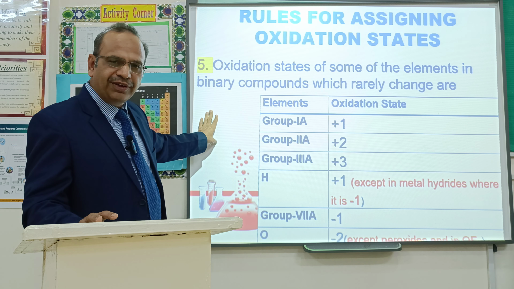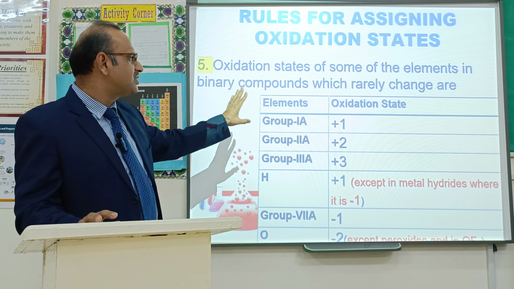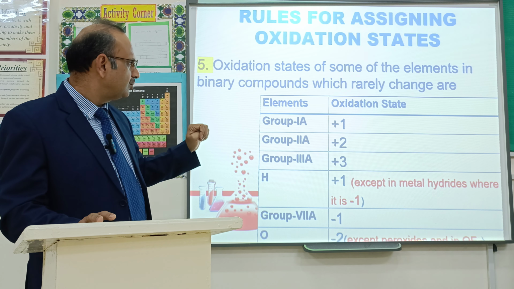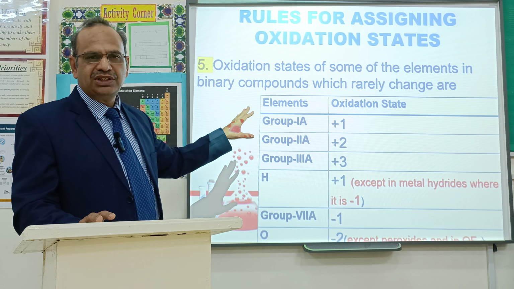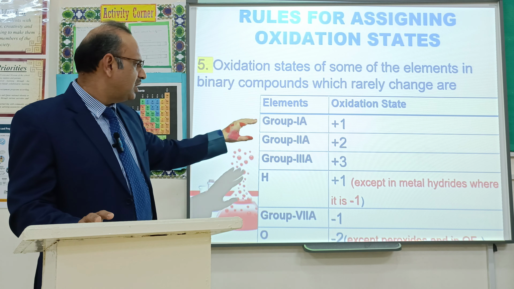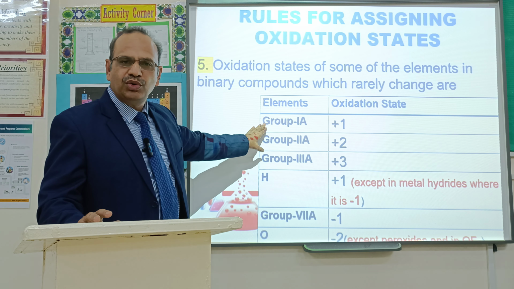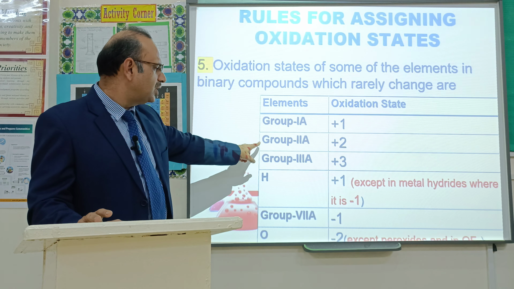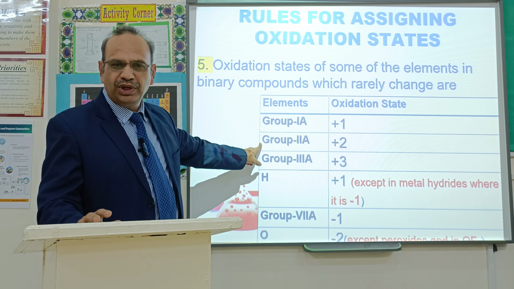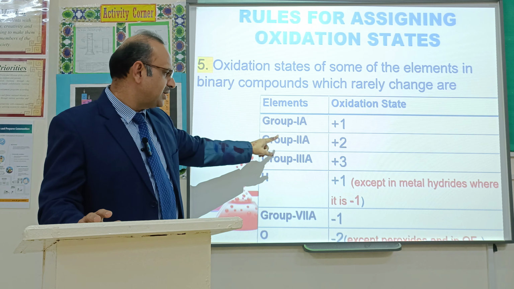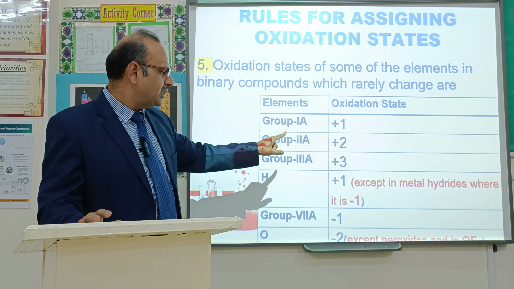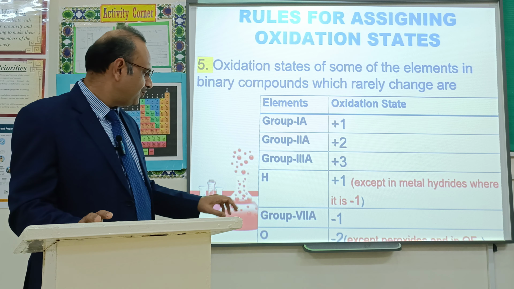Here is rule number 5. There are some elements in binary compounds whose oxidation states rarely change. All the elements in group 1A have oxidation state plus 1. All elements in group 2A, oxidation state plus 2. All elements in group 3A, oxidation state plus 3.